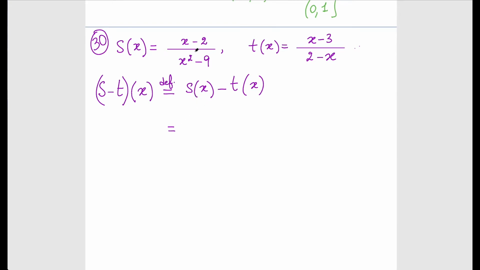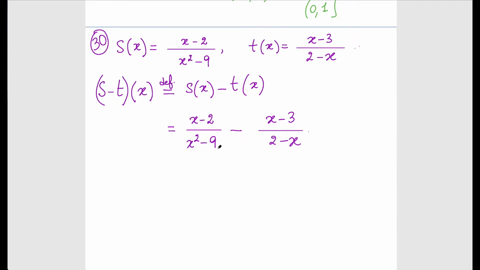And s of x is this quotient, x minus 2 divided by x squared minus 9, minus t of x, which is x minus 3 divided by 2 minus x. So this is the difference function, the recipe of the output.